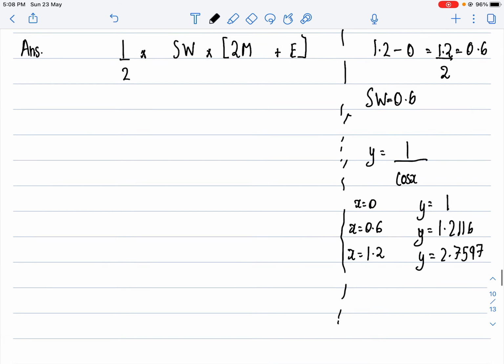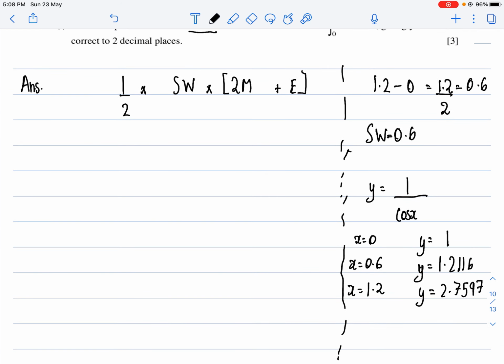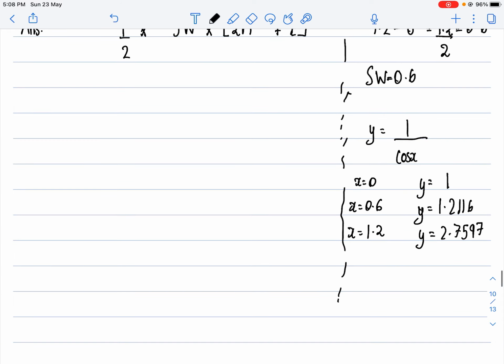Got it? Now the y coordinates are important here. 1 is my end, and 2.7597 is my end, and this is my middle.